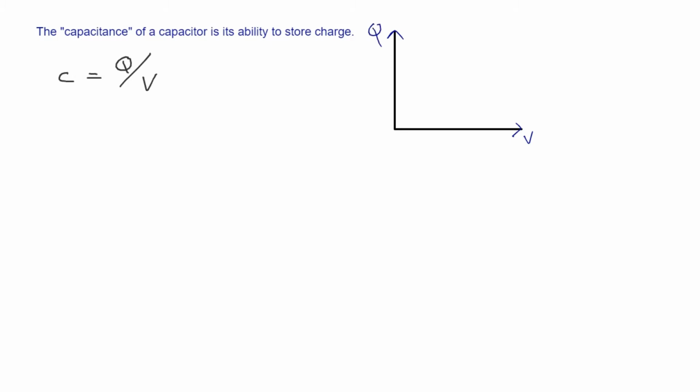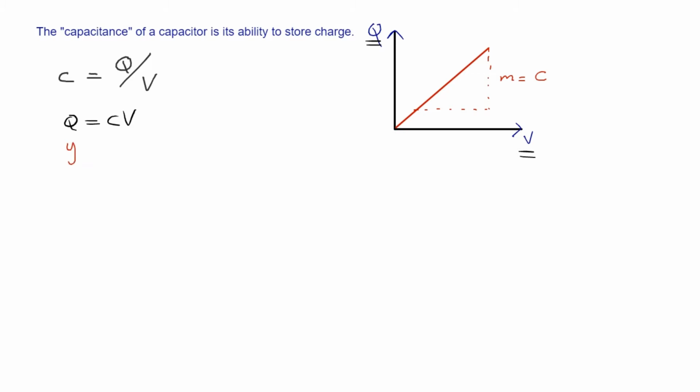I could rewrite the equation as Q equals CV, which means that the charge stored is directly proportional to the potential difference between the plates. And that's clearly going to be a straight line.